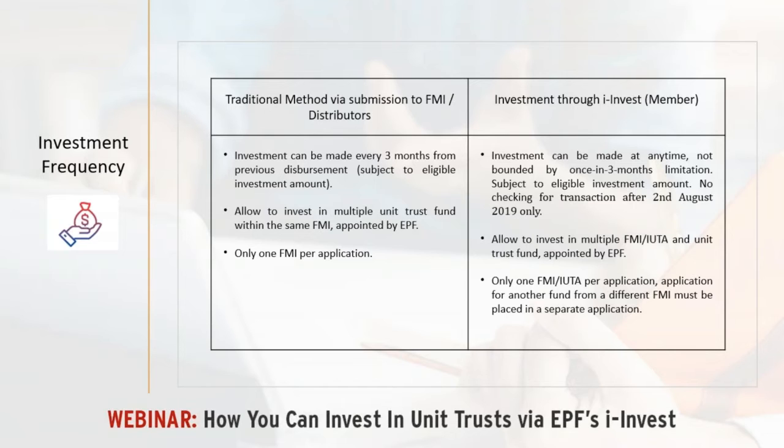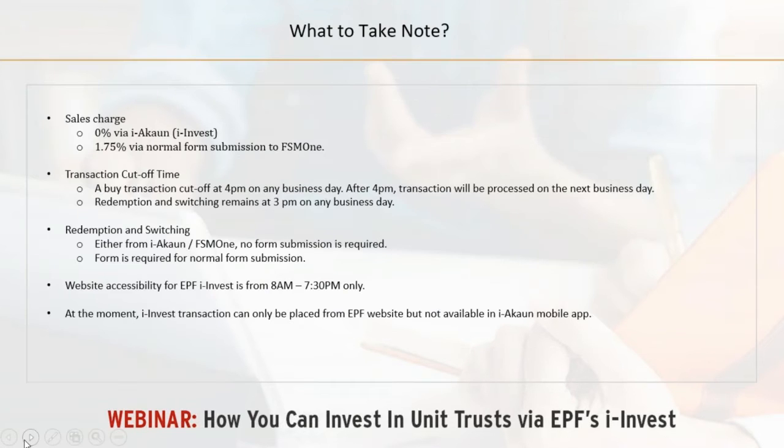For example, if you have two funds you would like to place orders for, like Kenanga Growth Fund and Affin Hwang Select Income Fund, first you may log into your EPF i-Invest account to place the order and complete the Kenanga Growth Fund transaction. After you complete the transaction, you may log out of your account and log in again to place the order for the Affin Hwang Select Income Fund.